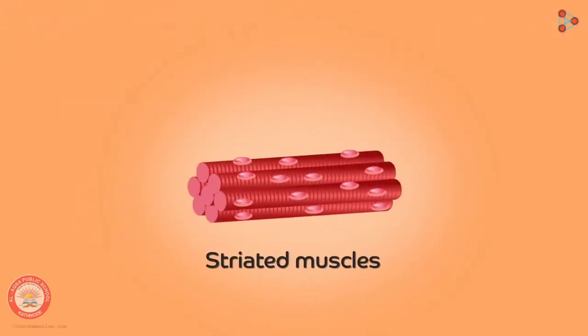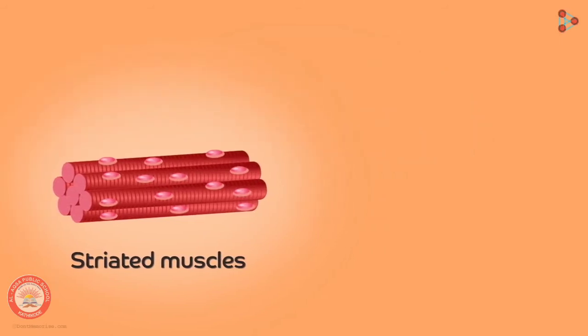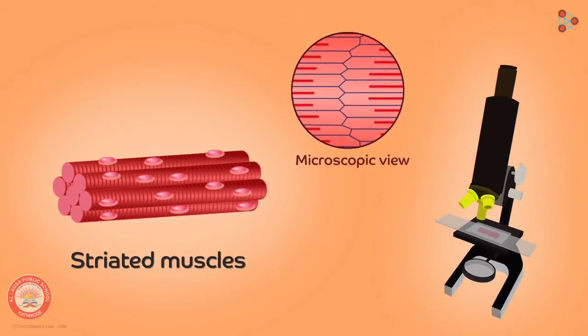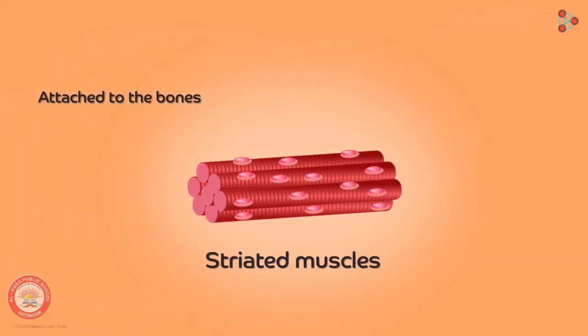The first one is the striated muscles. As the name suggests, when these muscles are observed under a microscope, striations or lines are seen in the form of dark and light bands. These striated muscles are found attached to the bones, and so they are known as the skeletal muscles.